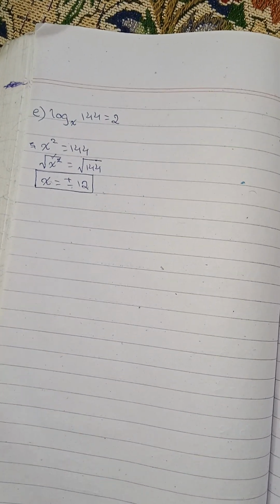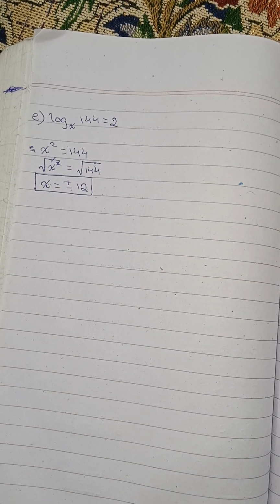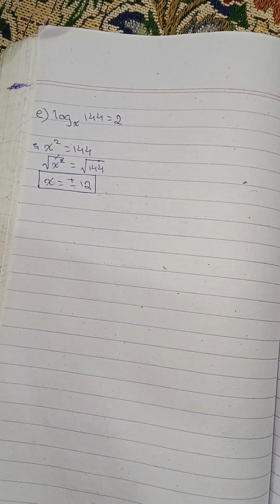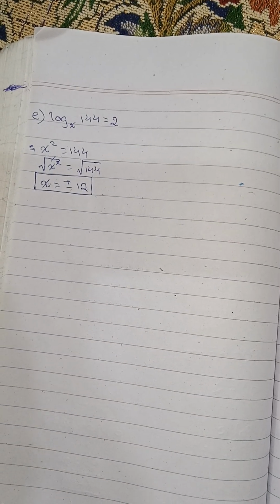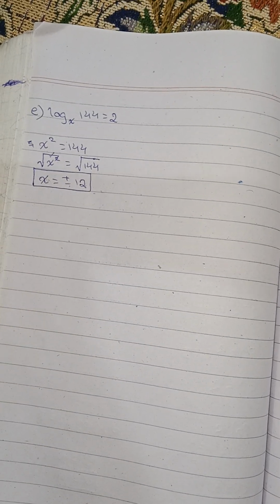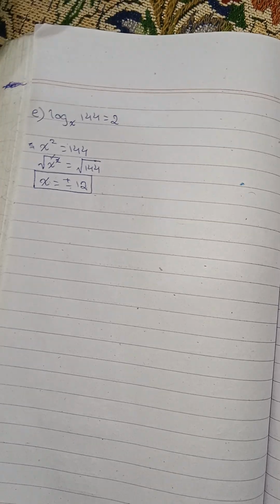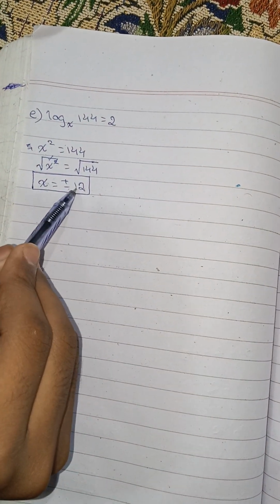Plus minus 12 means, what is the logic behind it? I will tell you. The logic is that when we take the square root of any number, whether it is 36, 47, or a huge number like 400 or 800, don't worry.